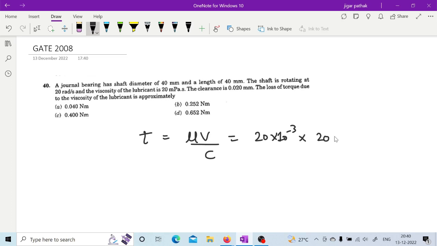So r is 20 mm, and this omega is again 20 radian per second, divided by 0.02 mm clearance. So all these things are in meter, right, because Pascal second is there in this viscosity. So tau is 400 Newton per meter square.